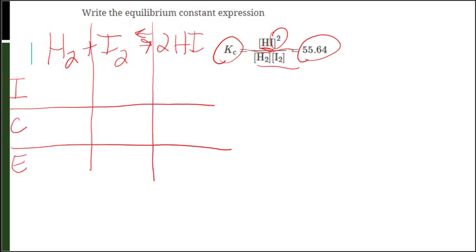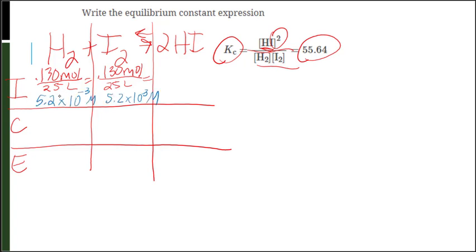All right, we were told that our initial concentration, the H2 and I2 both had 0.130 moles in a 25-liter container. So I'm going to do 0.13 divided by 25 to get my molarity. And I got 5.2 times 10 to the negative 3 for both of my reactants. Remember, at time 0, I have no products formed.